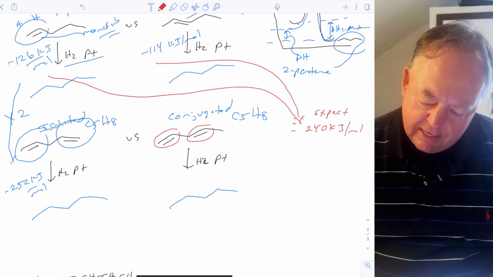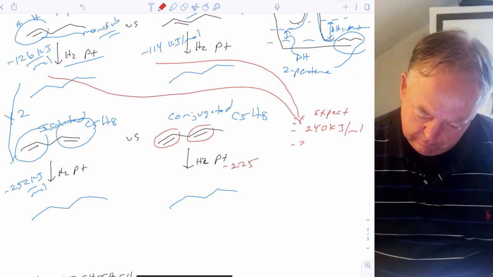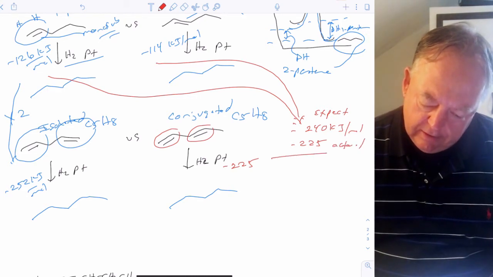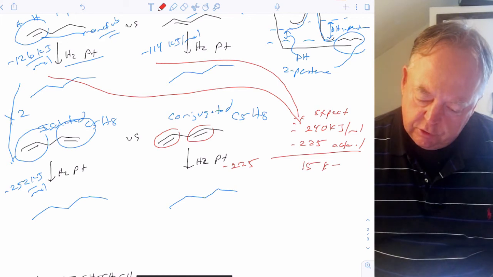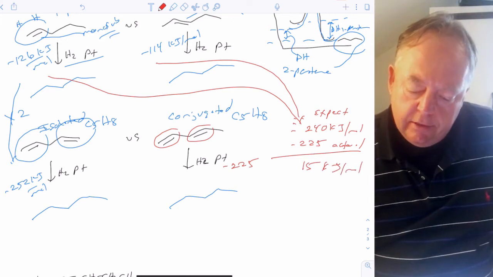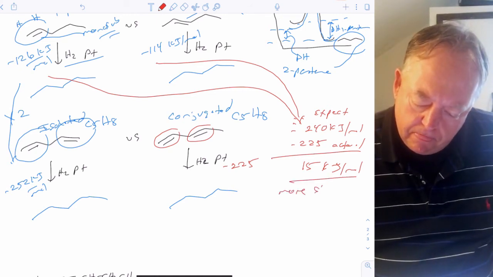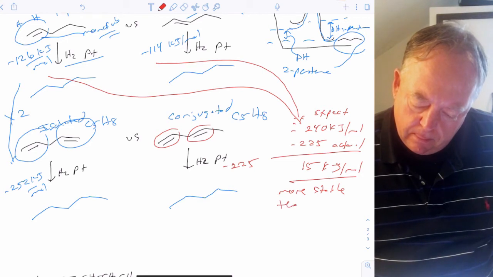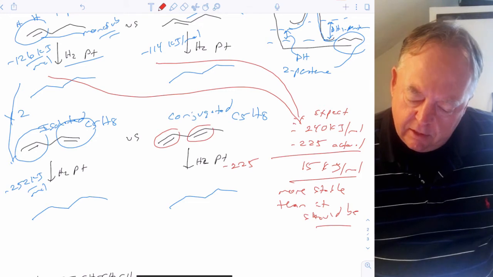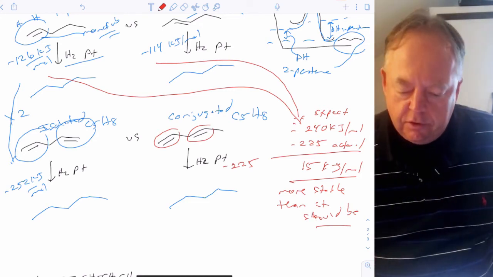But what you actually get is negative 225. So that's a difference of 15 kilojoules per mole. So the conjugated diene is 15 kilojoules per mole more stable than it should be, based on simply the fact that you're hydrogenating a mono and a disubstituted double bond.